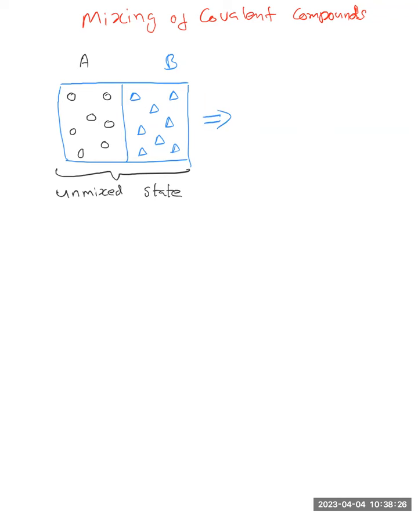In the mixed state, you're going to have both A and B. So here are some of our B molecules, and then in between we have the A molecules. And this is how we characterize our mixed state.